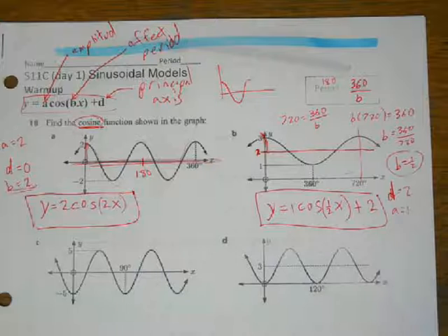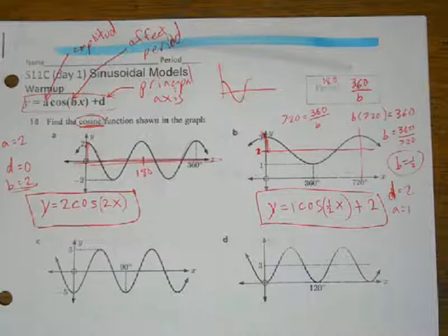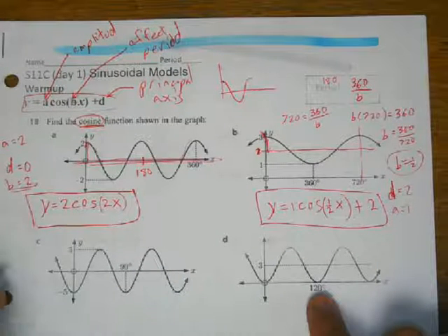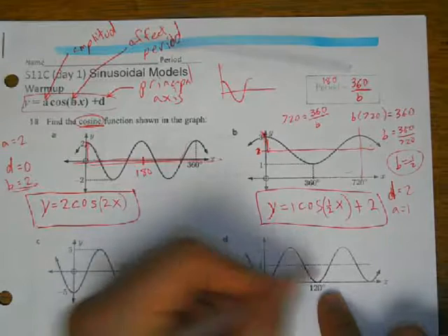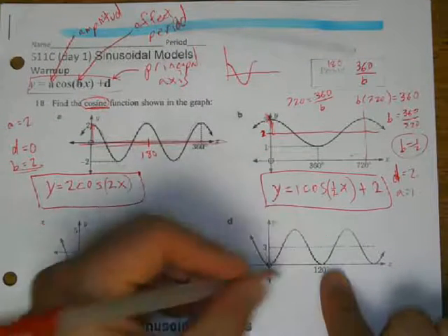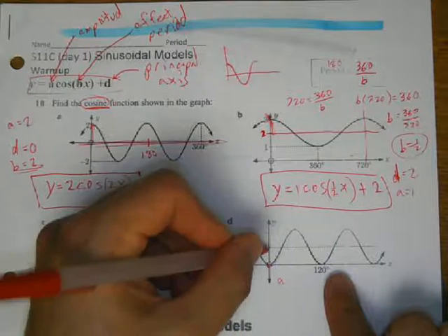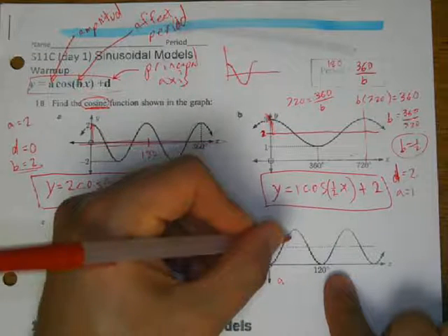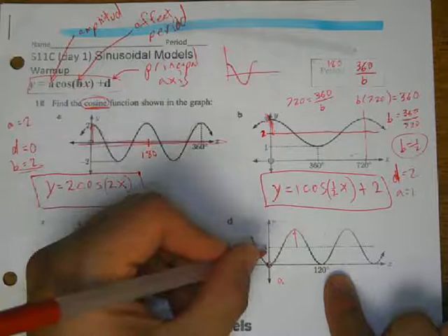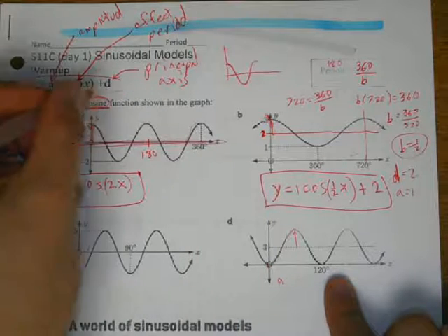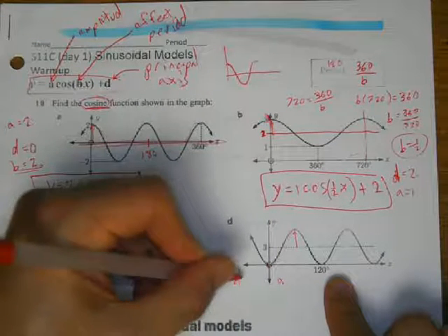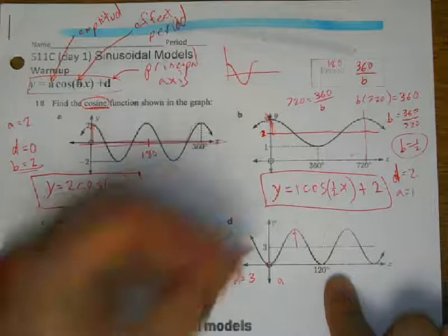All right, and here, notice it starts at the bottom, so the amplitude is going to be negative, and the distance from here to here. So my principal axis is d equals 3, and it goes from 3 down to 0.